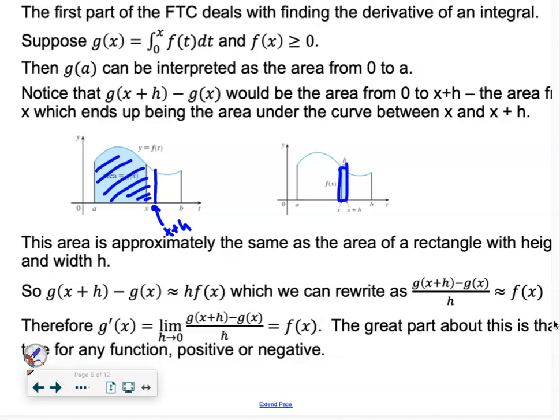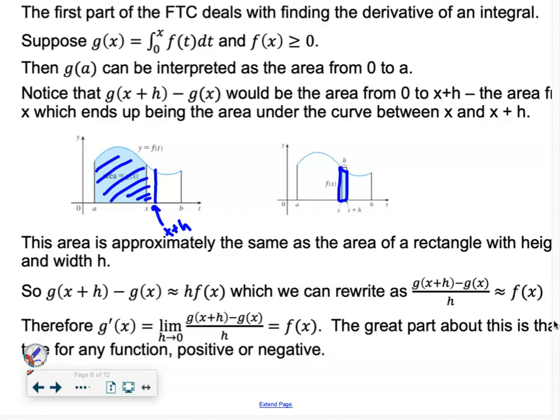So g of x plus h minus g of x is roughly the area of that rectangle. Now, it's not exactly, because technically that's a rectangle, and truly g of x would be like that, right?